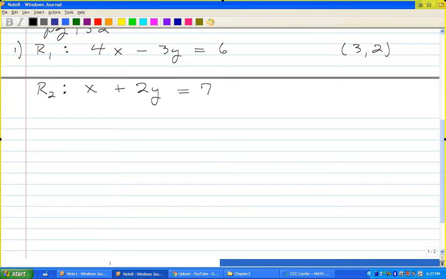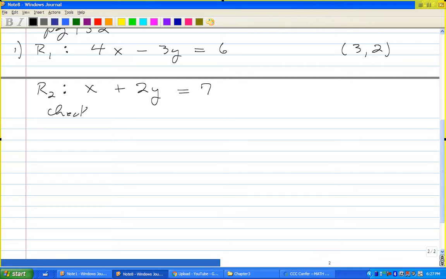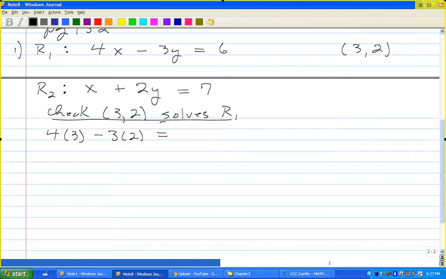So let's check if the point (3, 2) solves the first equation. Wherever we see an x, replace x by 3. Wherever we see a y, I replace y by 2. And check if this solves the equation. So 3 times 4, 12 minus 6 is indeed equal to 6. Good.